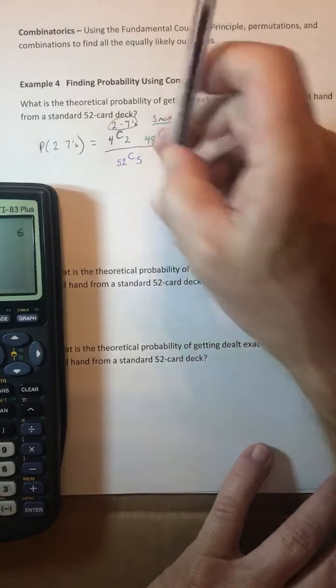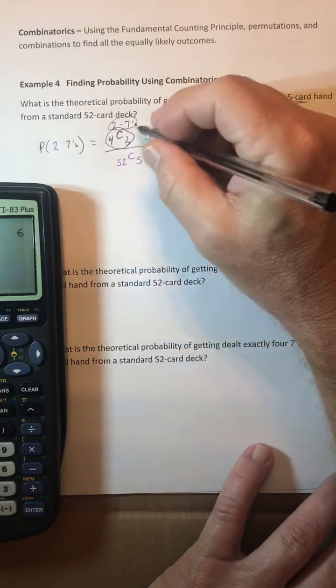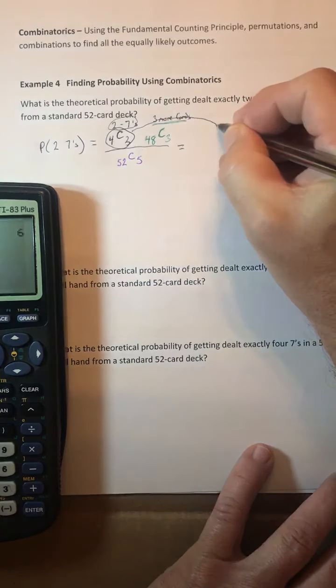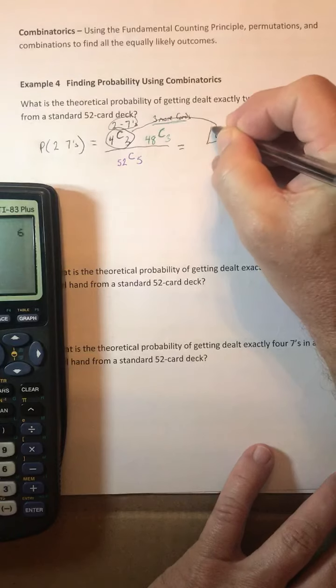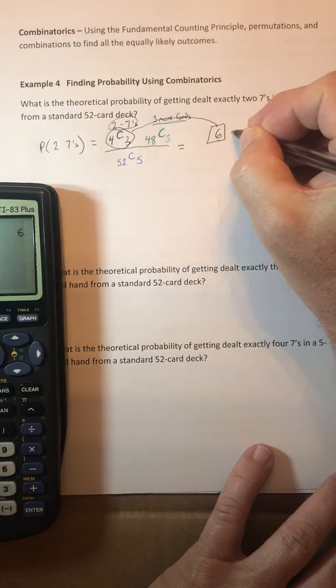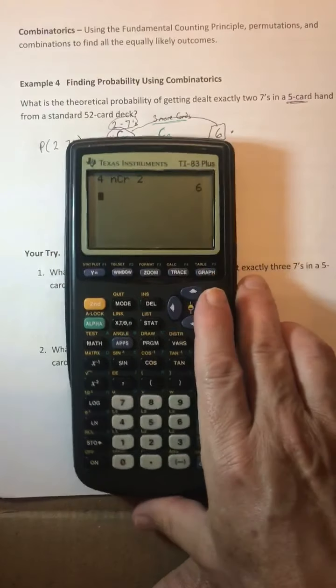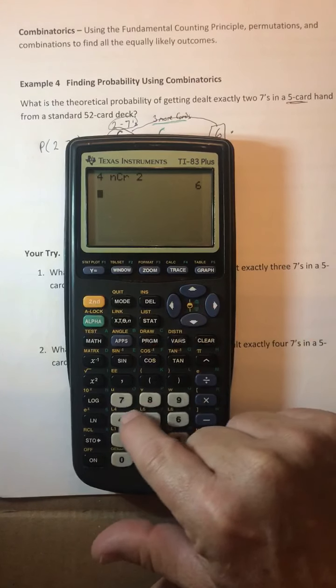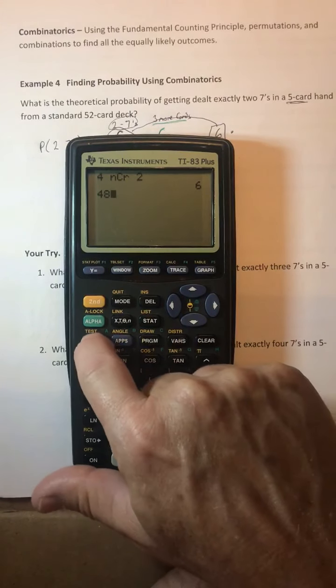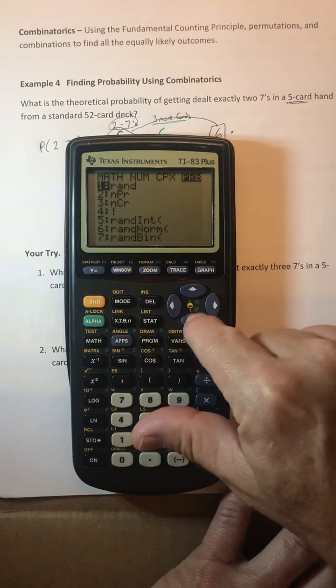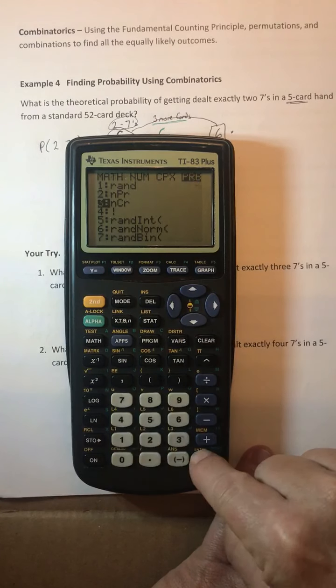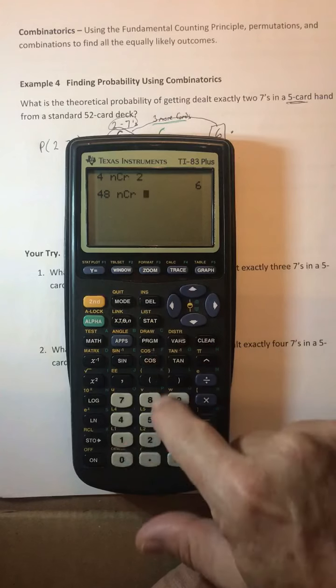So 4C2 is 6. Times, then I have to do 48C3. So 48 under the math, again the probability, C, and I want 3.